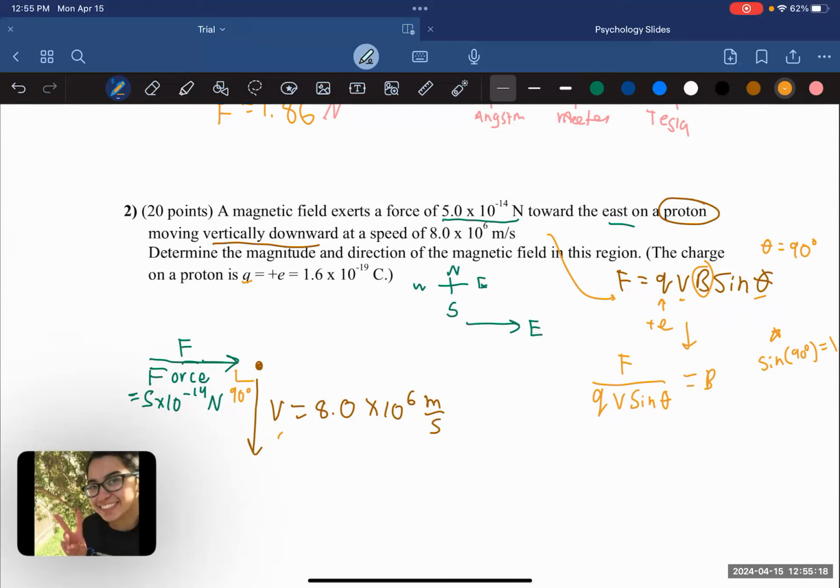So then we have B is equal to the force over Q coulombs and velocity, and then 1 because the sine theta is equal to 1.